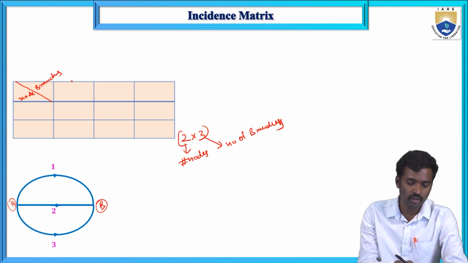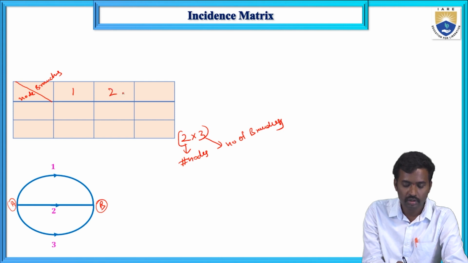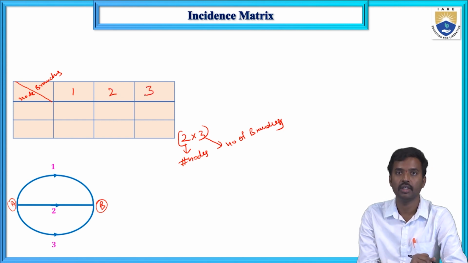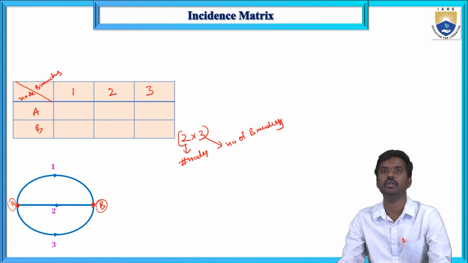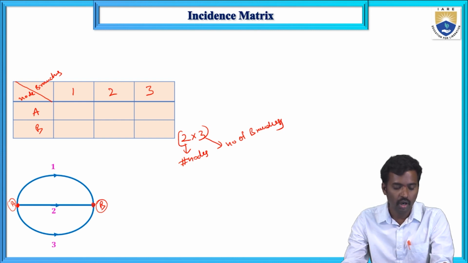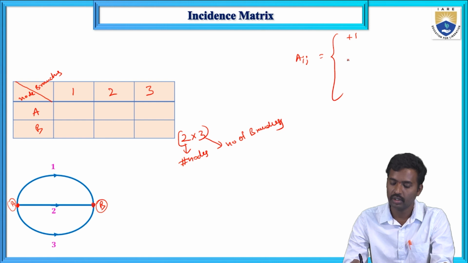Now what are the branches here? 1, 2 and 3. And what are the nodes? A and B. This node is represented with A and this node with B. We know the element a(ij) is +1, -1 or 0.